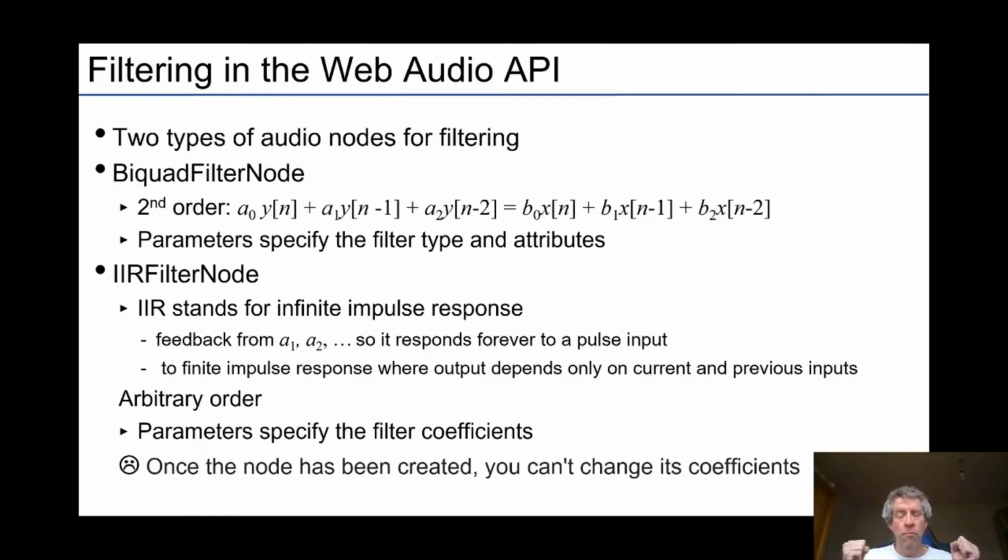So the response to an impulse is finite. It stops. Okay, so that's the idea of IIR. The IIR filter node doesn't have to be second order. It is arbitrary order up to a limit, which I think might actually be a number like 32 or something like that.